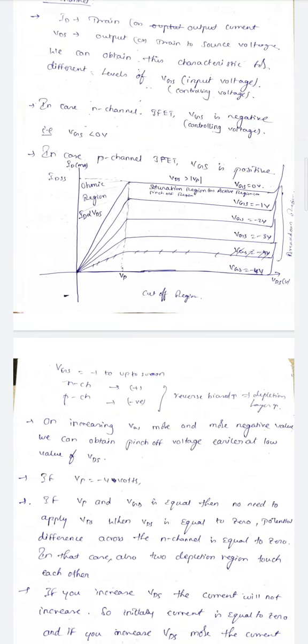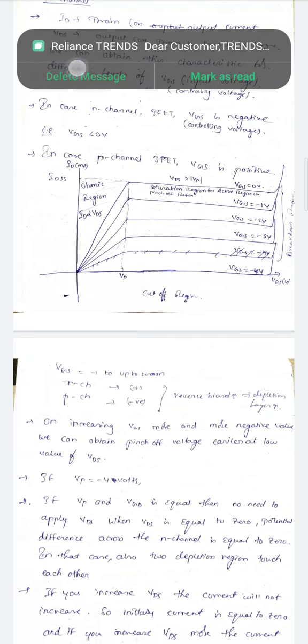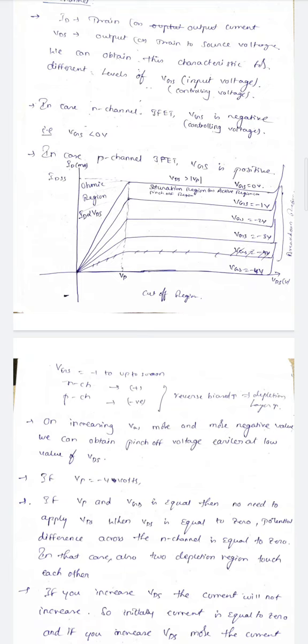Okay. So in the case of an N-channel JFET, VGS is negative and is the controlling voltage. In the case of a P-channel JFET, the VGS should be positive.